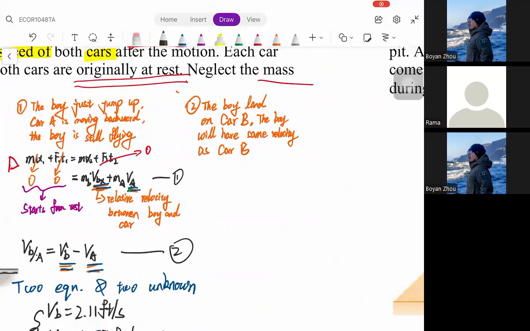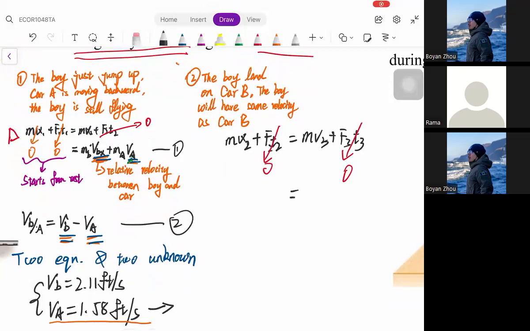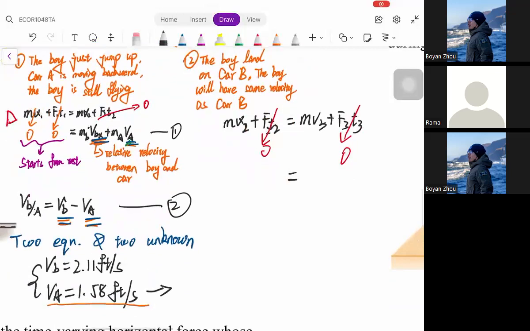So the conservation of impulse and momentum equation will be the momentum plus the impulse at the second moment equal to the momentum plus the impulse at the third moment. And we're not dealing with force, so all the force terms will be 0. We're only dealing with the momentum now.